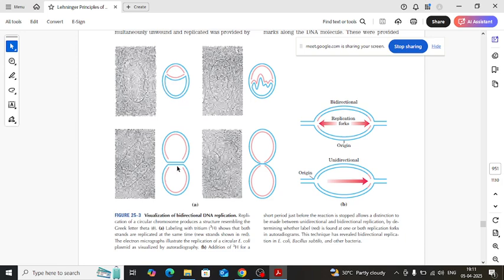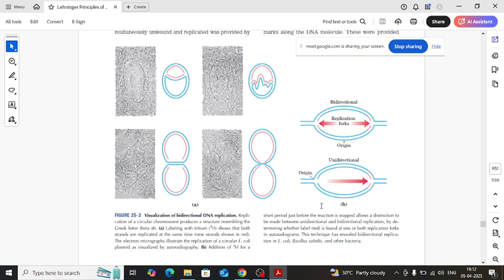And then at the end of the replication, it will create this kind of twisting, right? So when topoisomerase IV comes, it will release it into two DNA molecules, right? That's why it is called bidirectional replication, because this fork will move in both directions, front and back, right?